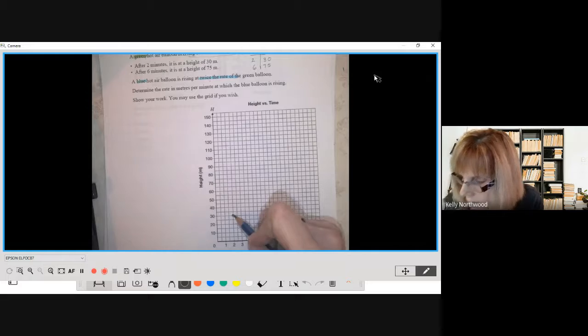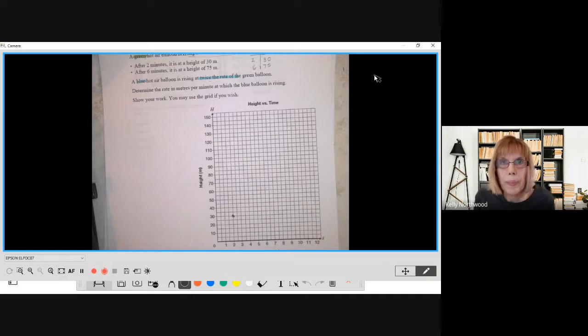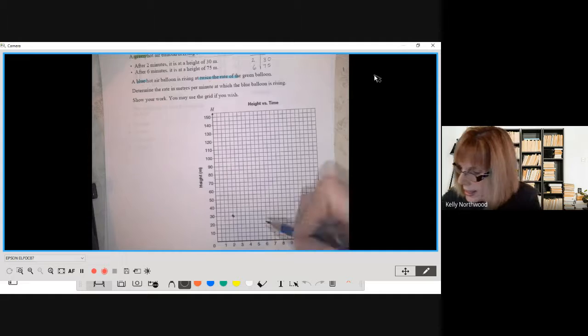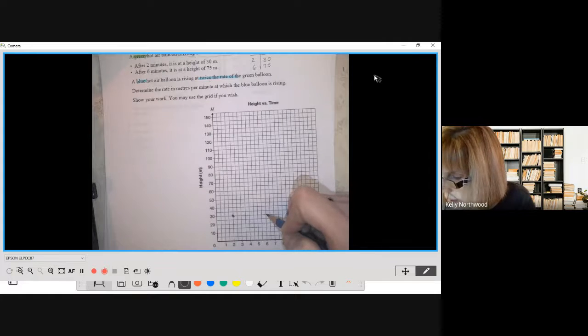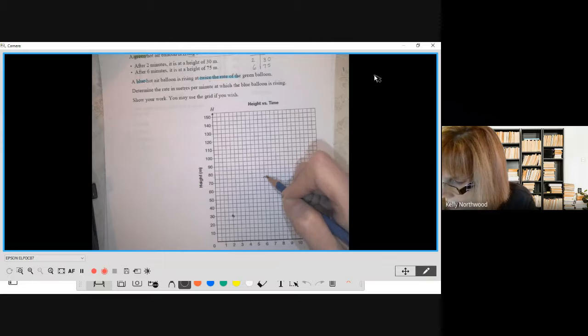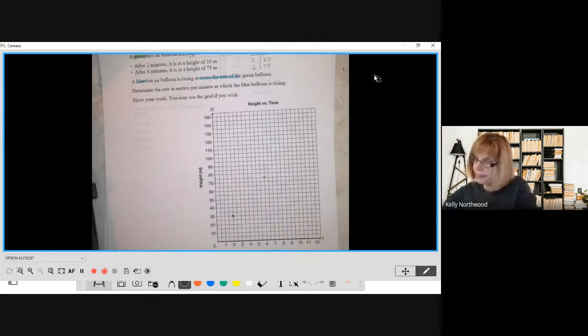So 2 minutes is here and 30 meters. There's 1 point. And then 6 minutes and 75. Here's 70, so 75 is going to be right halfway between 70 and 80.